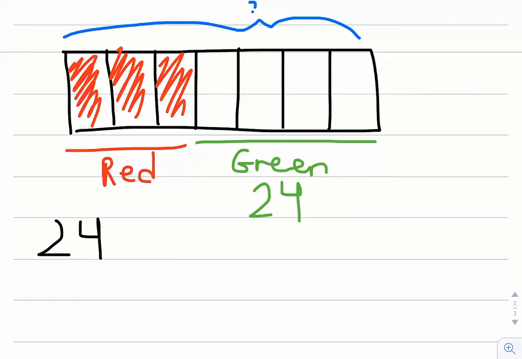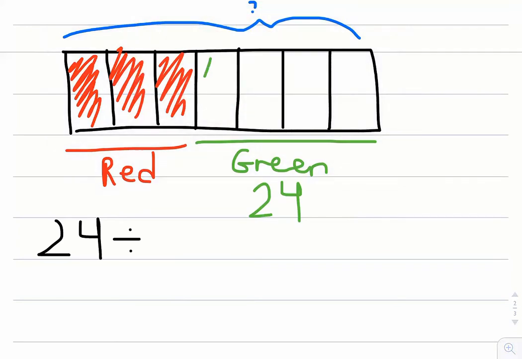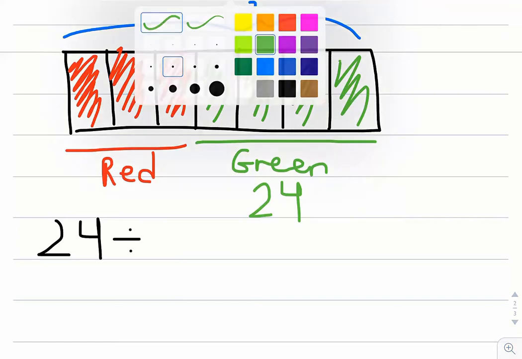So I have 24 green apples. This value of 24, or this value of green, specifically shows me 4 boxes. These 4 boxes are green, and that is why I'm dividing 24 by 4.